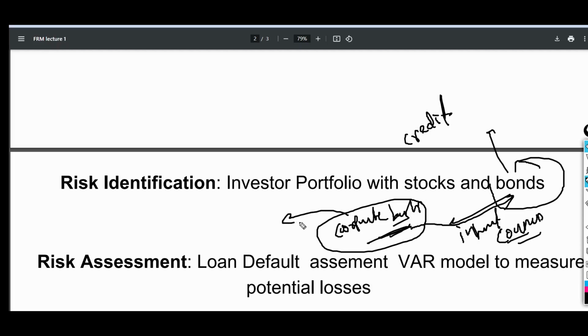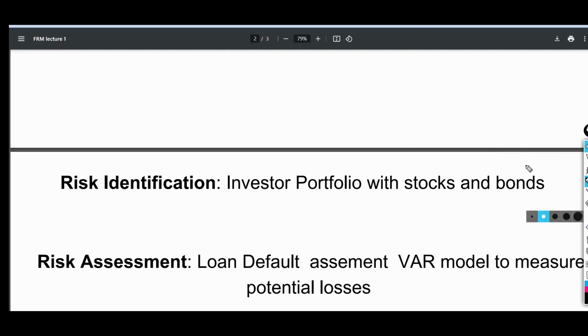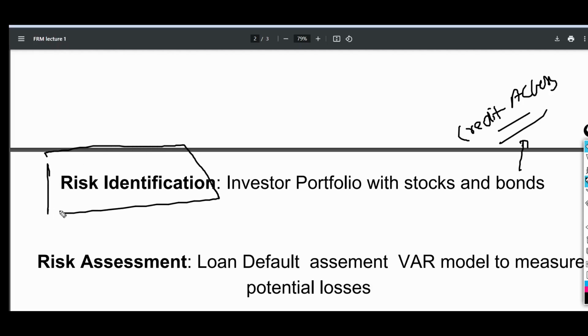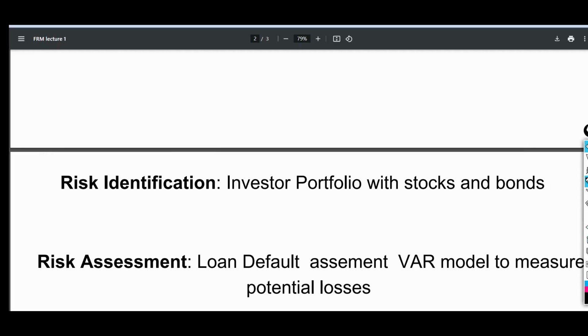It may also default on the principal amount. So that is credit risk. Basically, in bonds we have a credit risk associated with the bond. So once you identify the risks first, then we will be doing the assessment of the risks.